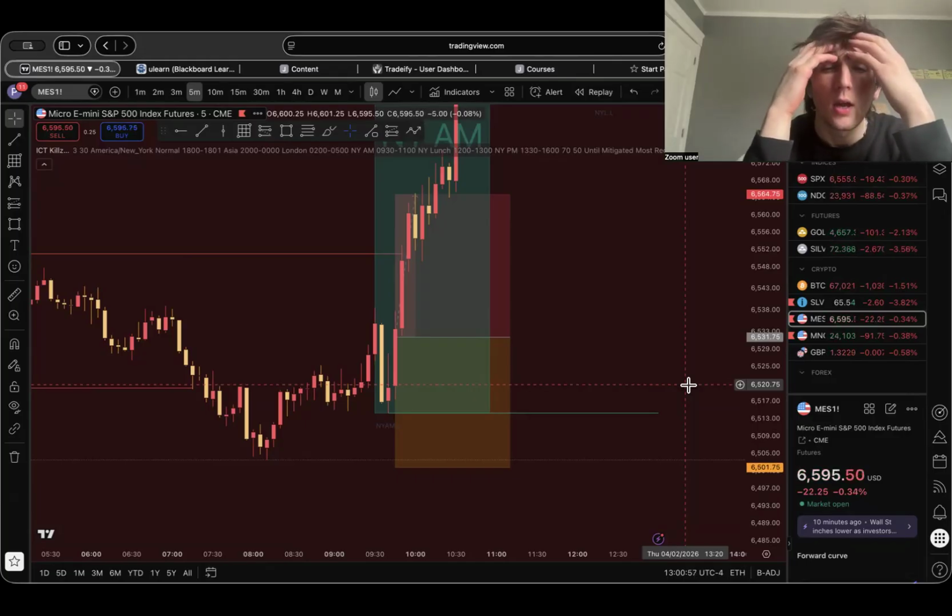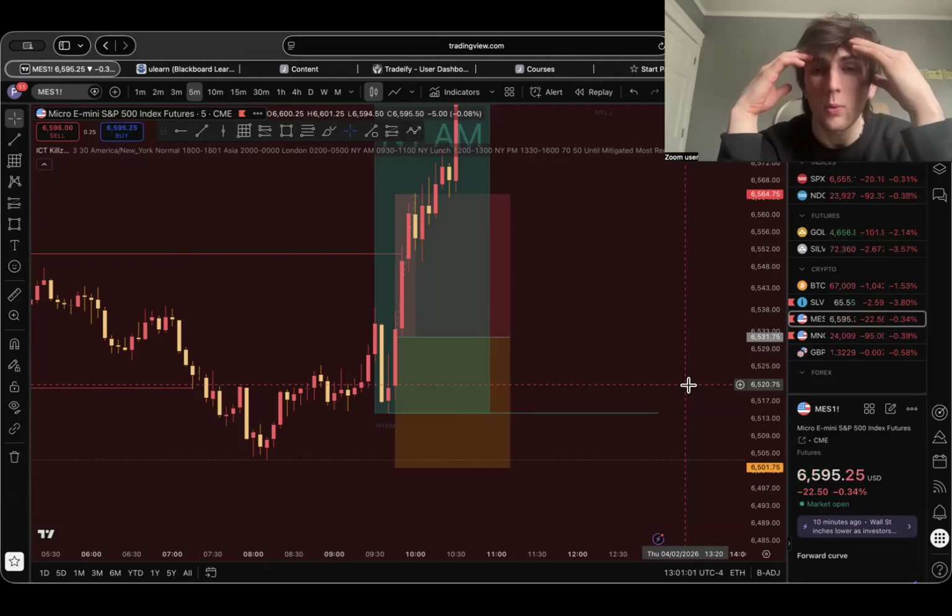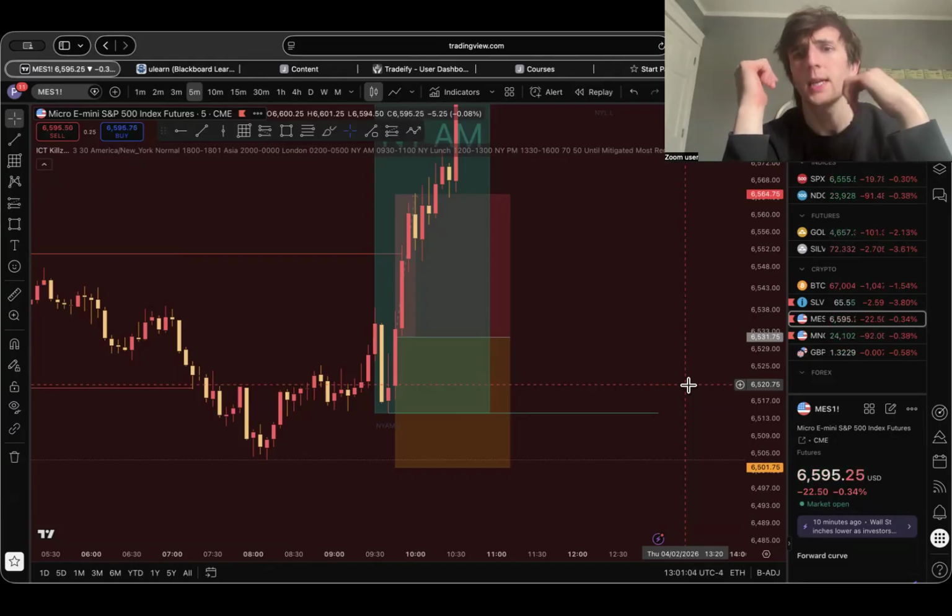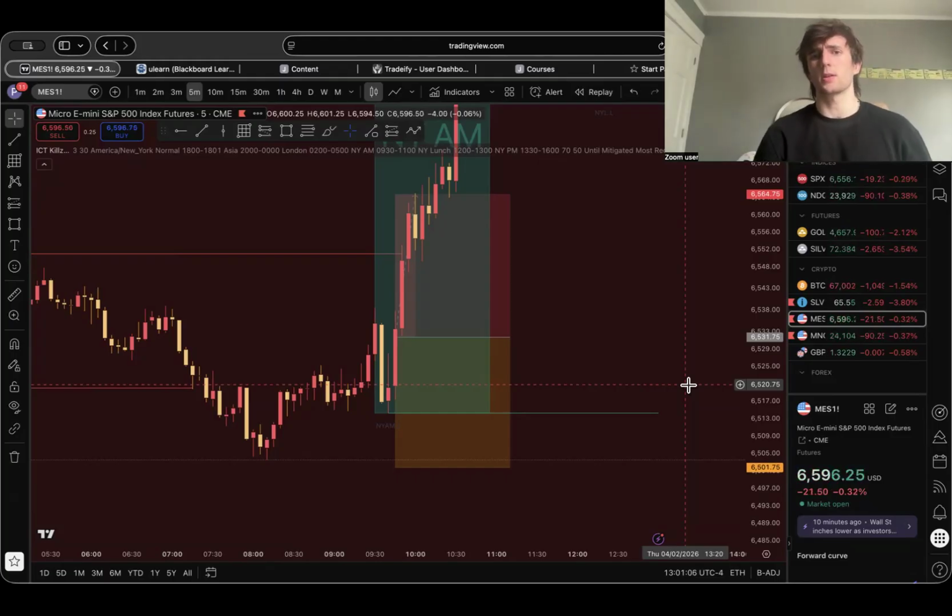But I'm not saying that once I figure that out, I'm only going to be taking those absolute A plus setups. There's a little bit of discretion there, and that's also part of the refining of the whole thing: adding discretion, figuring out what's A plus, refining it even more.